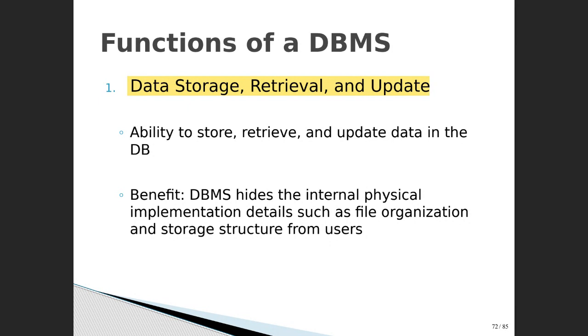These are all hidden details, because it gives the ability to store, retrieve, and update data only to certain users. All right, so this is function number 1: data storage, retrieval, and update.